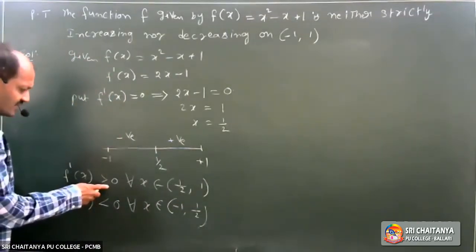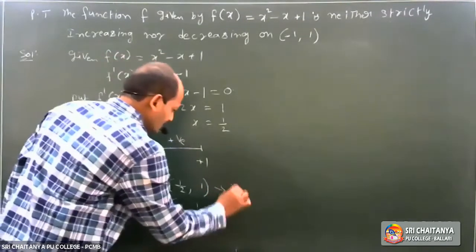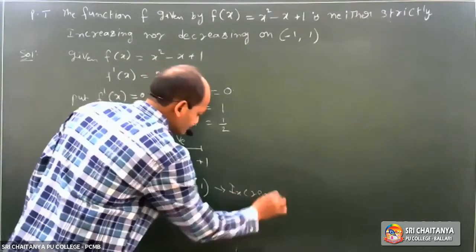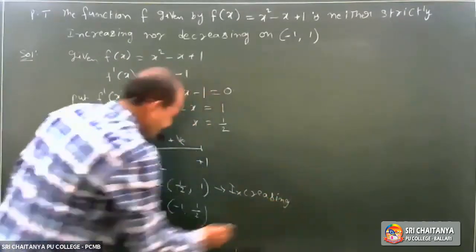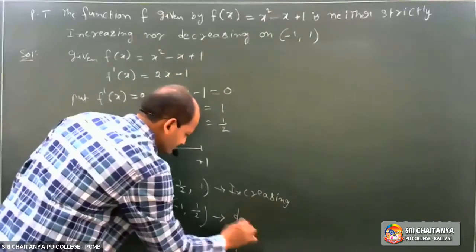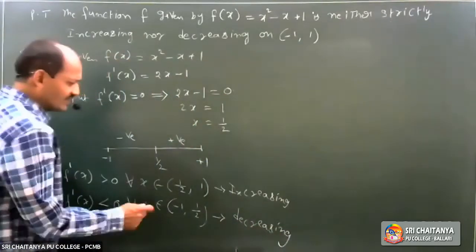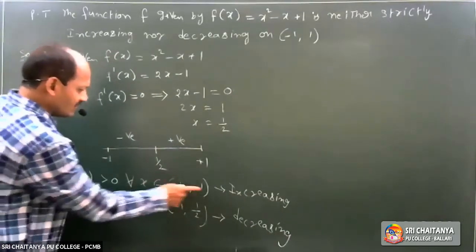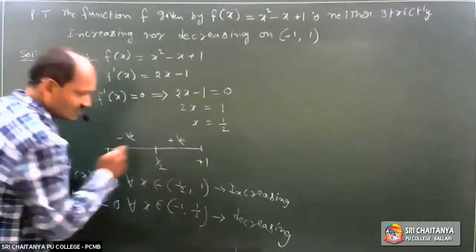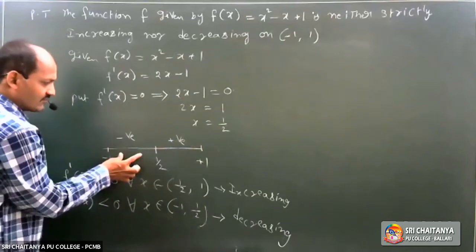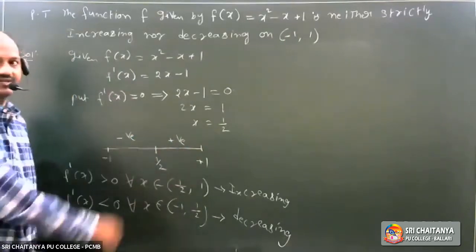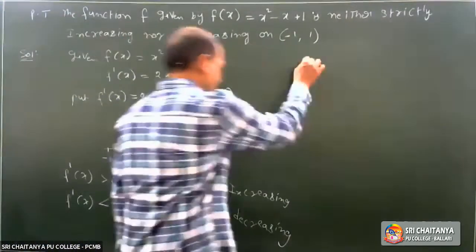Greater than 0 means increasing, less than 0 means decreasing. It is increasing on 1 by 2 to 1 and decreasing on minus 1 to 1 by 2. Some intervals are decreasing, some intervals are increasing. Therefore, it is neither.